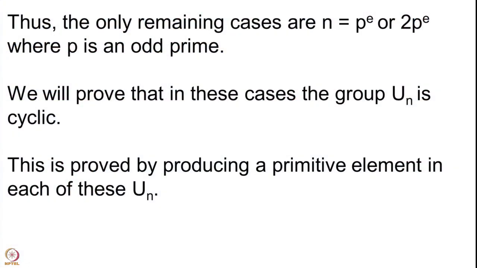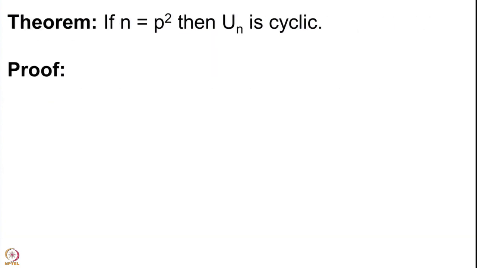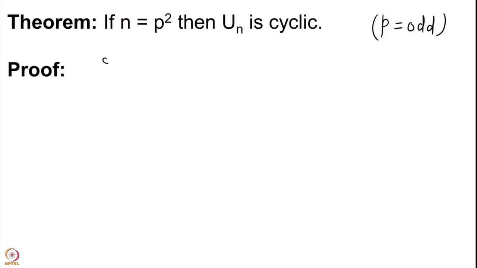So, the very first stage we actually have to look at p^e and 2p^e, but we will start with the case where n is p squared, and remember this is something that I will not repeat, that p is always an odd prime. So, we are going to prove that whenever n is p squared, then Un is a cyclic group. One basic statement here that we are going to use is the following.